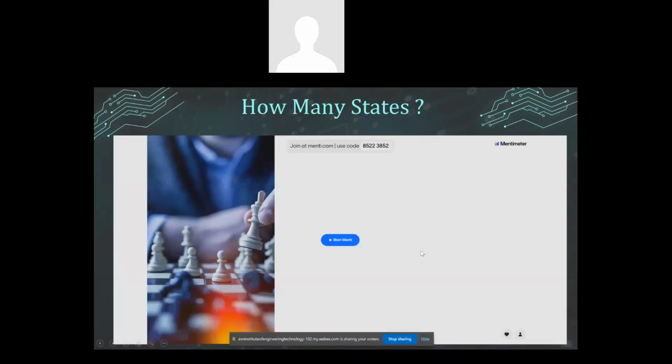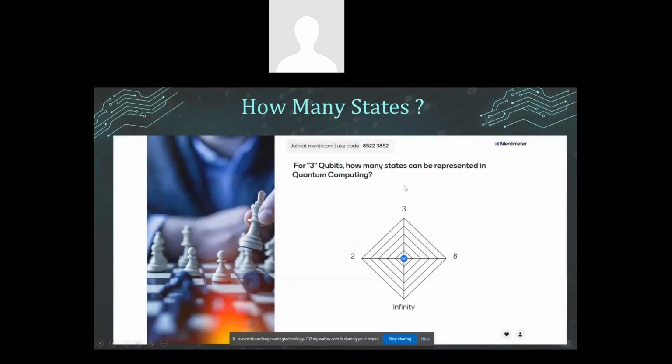Okay. One more question. If you have three qubits, how many states can be represented in quantum computing? If you take classical computing and you have 3 bits, it can go up to 8 different states, right? So in the case of quantum computing, how many states can it take for the given 3 qubits?